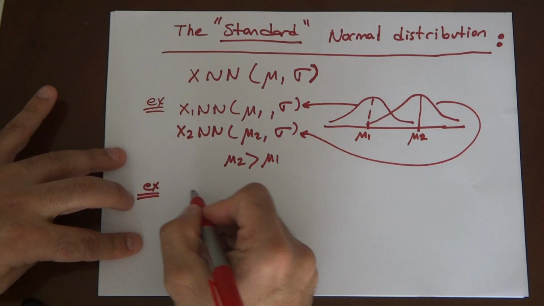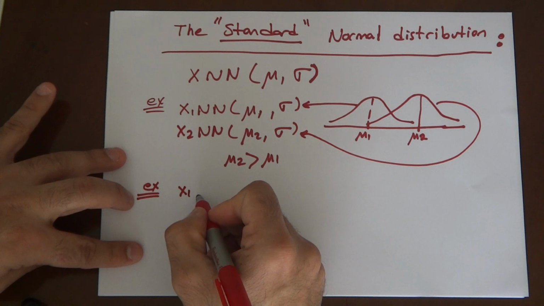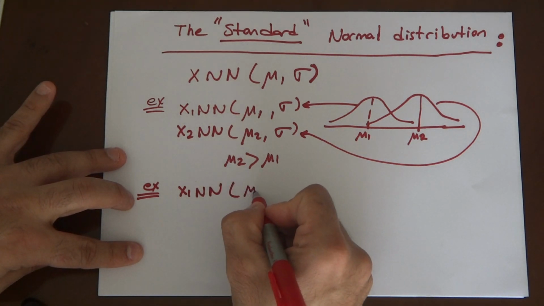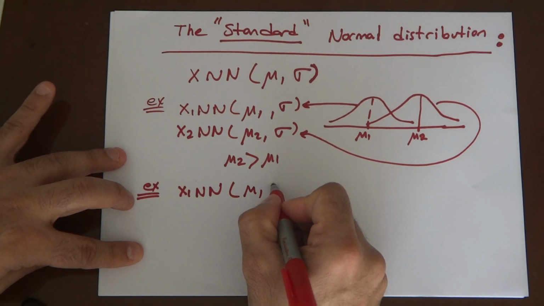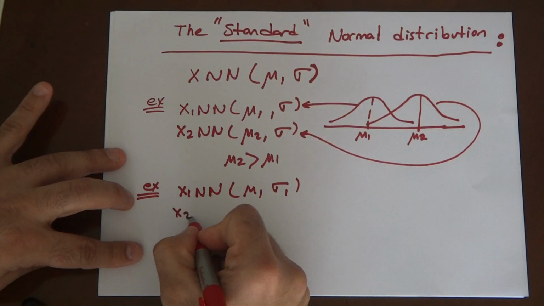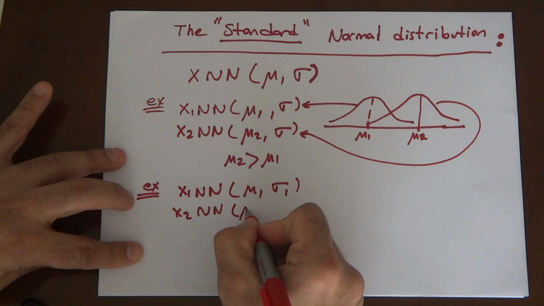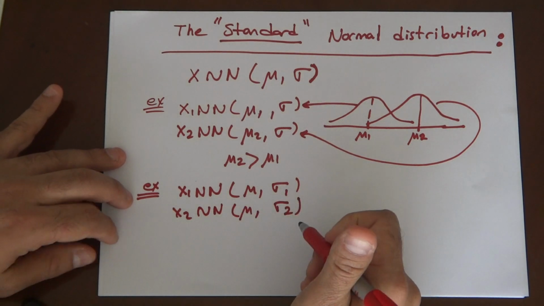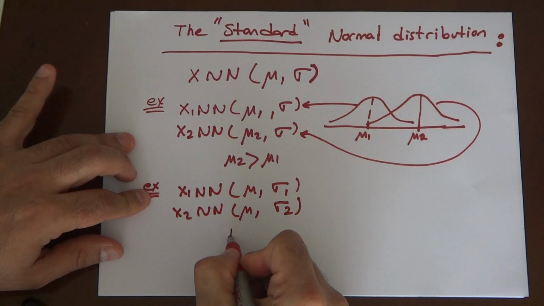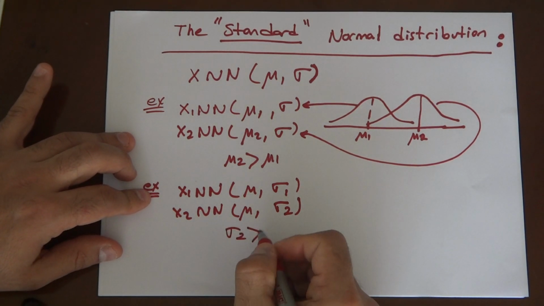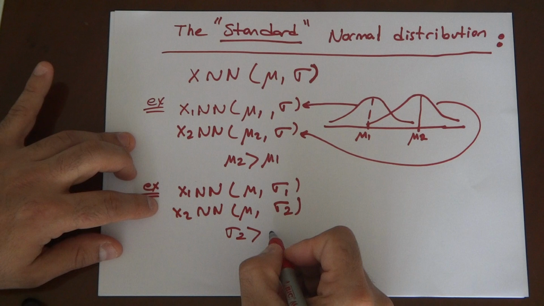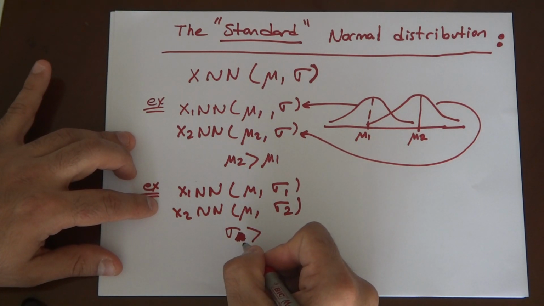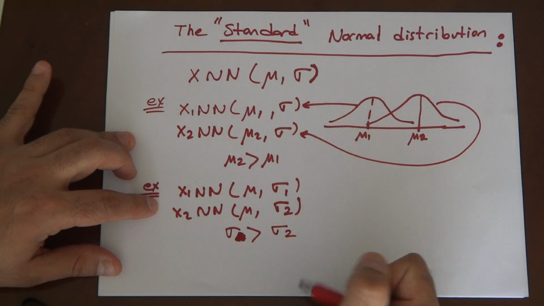For example, again, let's assume X1 is distributed normally with the given mu and sigma 1, and X2 is distributed normally with the same mean but a different standard deviation. Let's assume sigma 1 is greater than sigma 2.